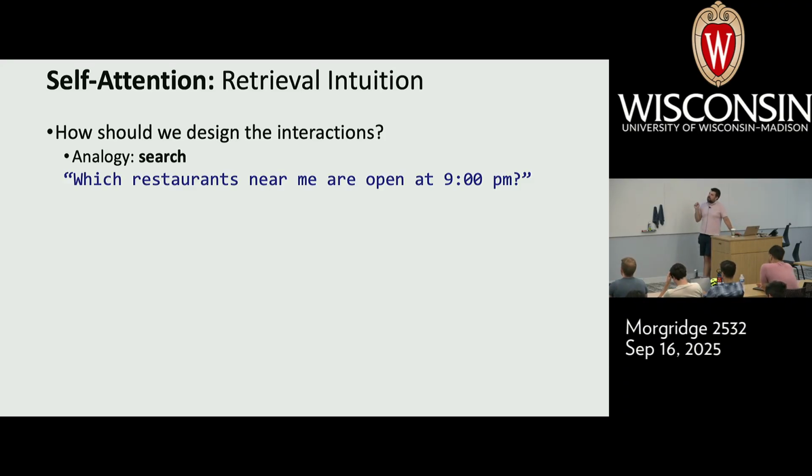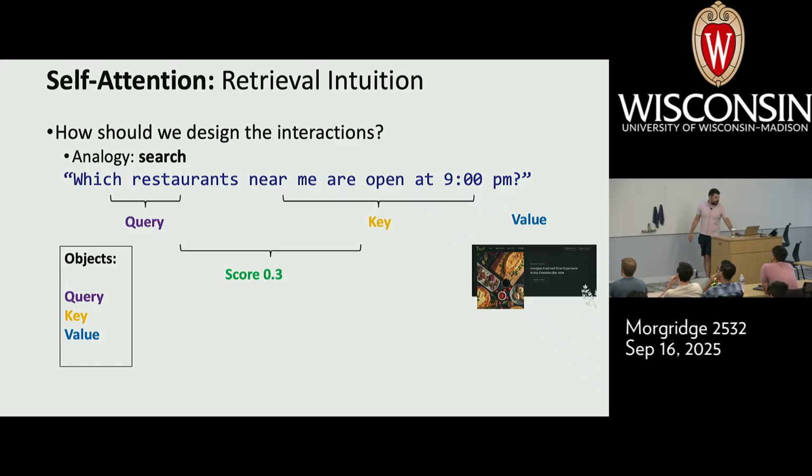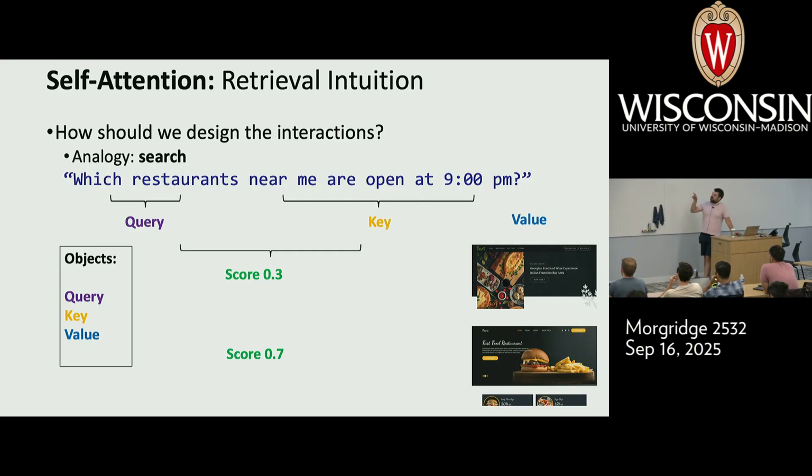We can take, for example, a search term like this sentence over here, what restaurants near me are open at 9. And we break this into a query and a key. This query and key give us some potential values that we might want to take into account. They create a score, and based on those scores, I can look at these different values and say which ones are more important, which ones are not, or I can combine them or what have you.